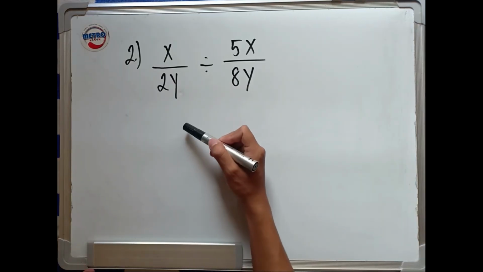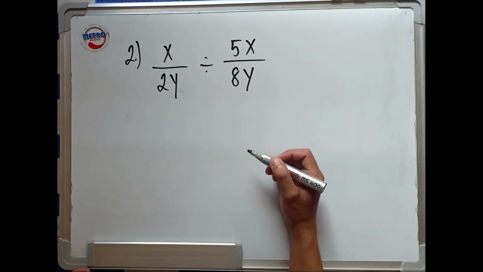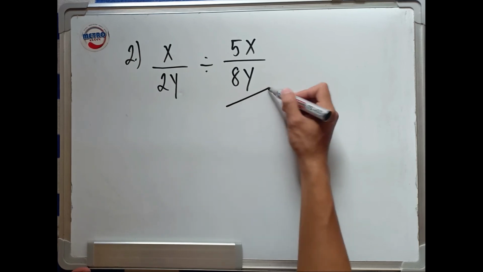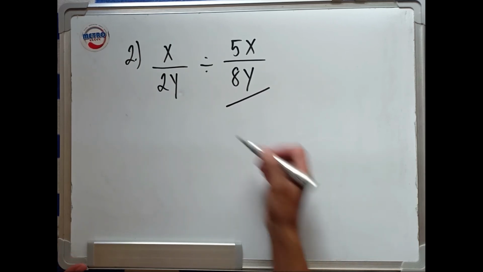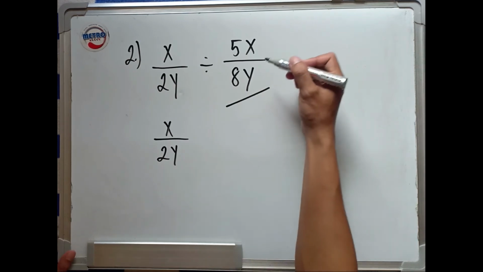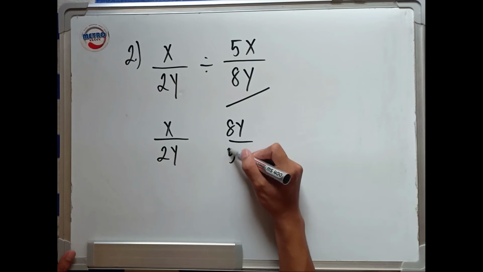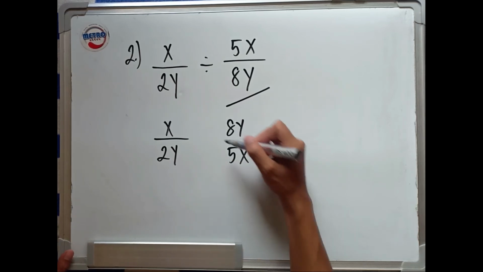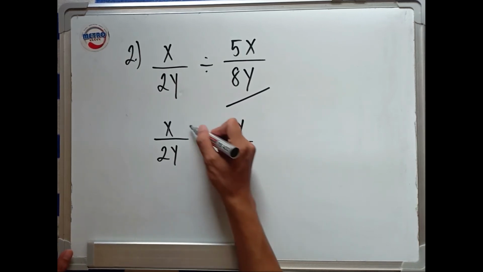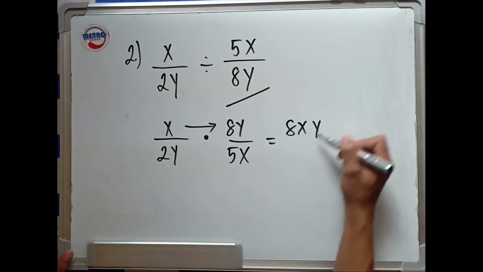Now let's have the second example for dividing fractions. So again, before you divide the fractions, you have to get the reciprocal of your divisor. So copy x over 2y, then the reciprocal of 5x over 8y is 8y over 5x. Then the process will become multiplication. So x times 8y is 8xy.